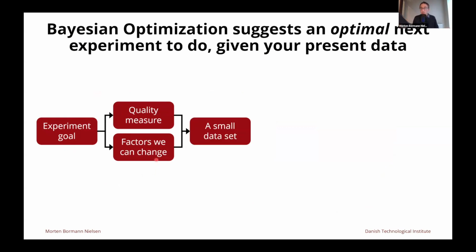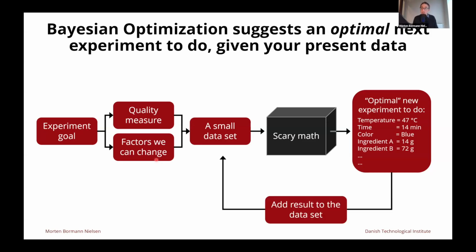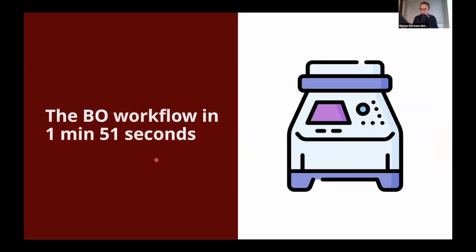Then we will start out, as I said, by collecting a small data set. Then some scary math will take care of figuring out a suggestion for the next experiment. But the scary math will produce a set of suggestions for what to set all your factors to. Then we will carry out that experiment and add the result to our small data set, and then run around this loop.